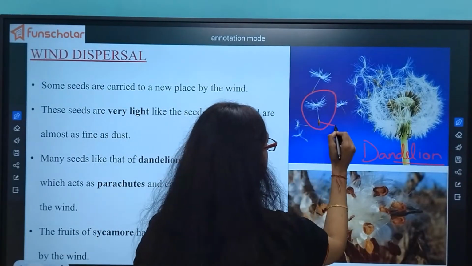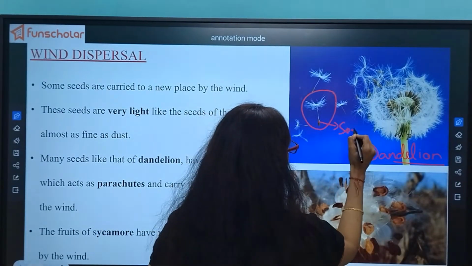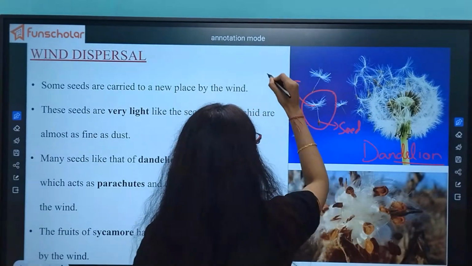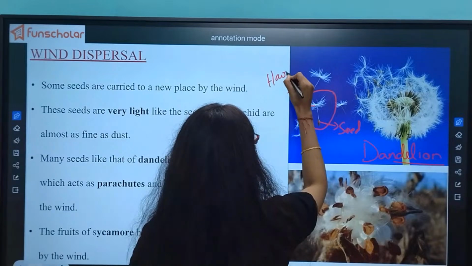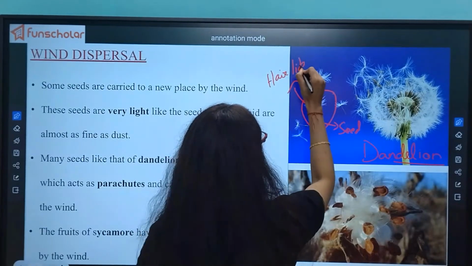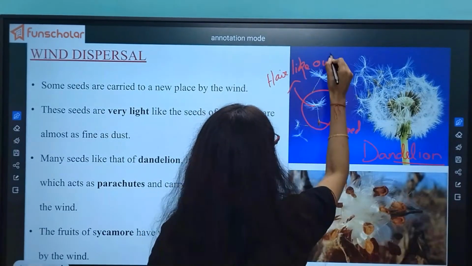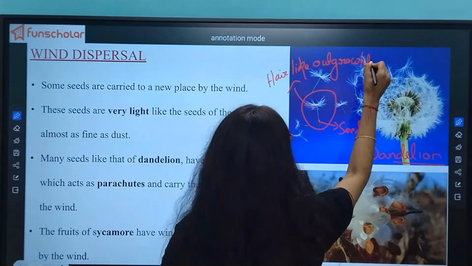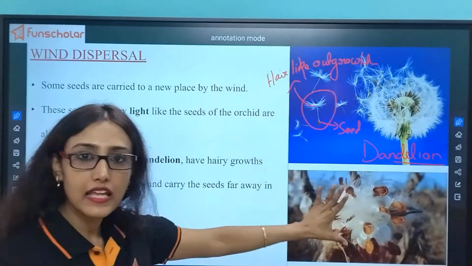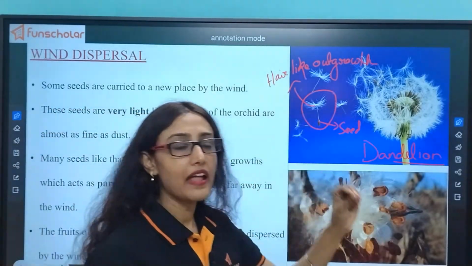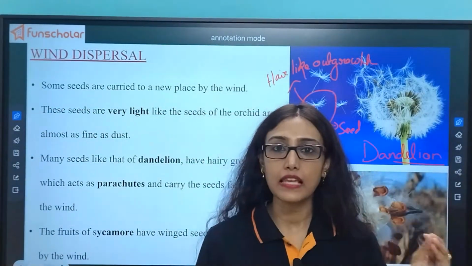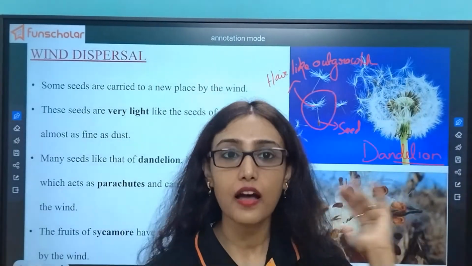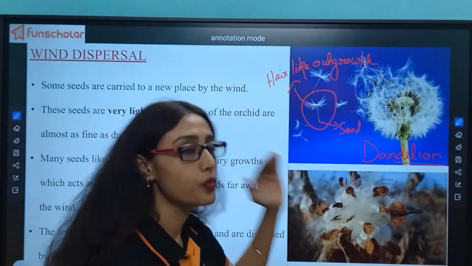This is the seed, and the seeds have hair-like outgrowths. And they are very light in nature. And when anything is very light in nature, it is easily blown away by the air or wind.